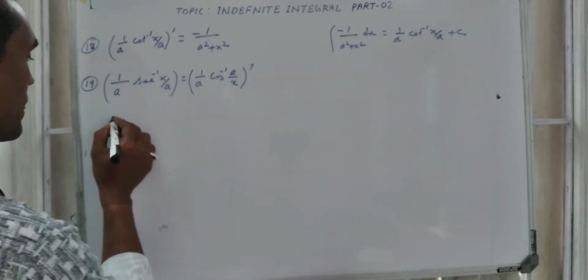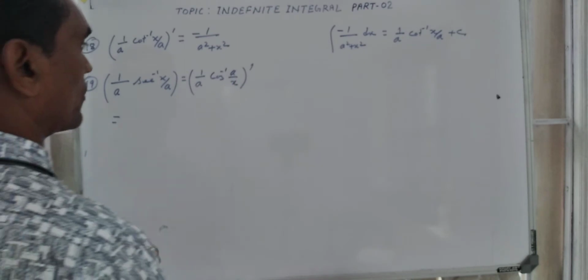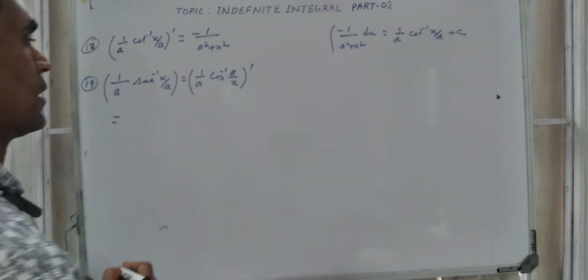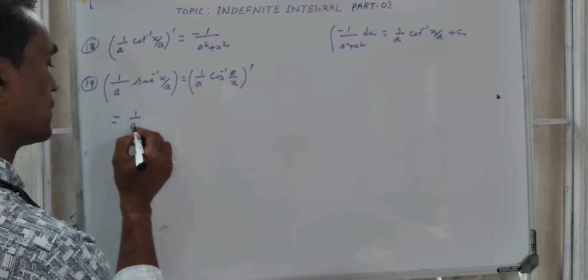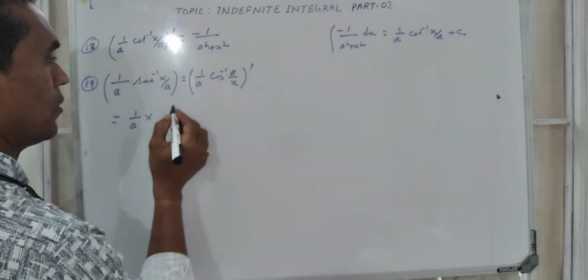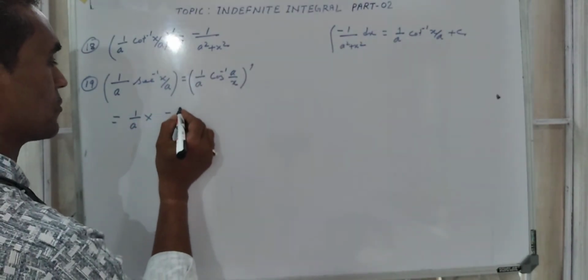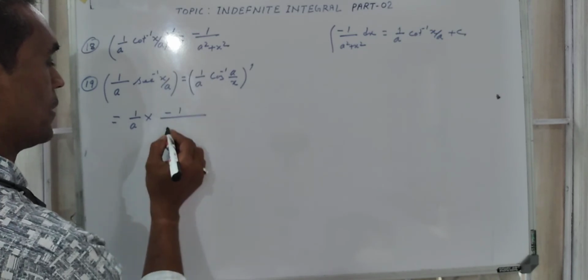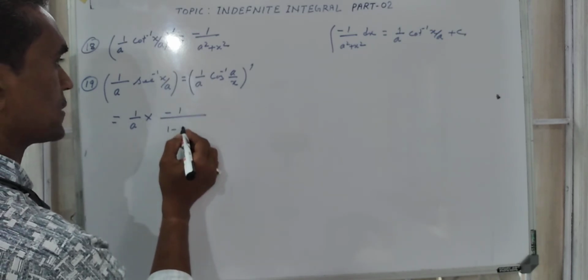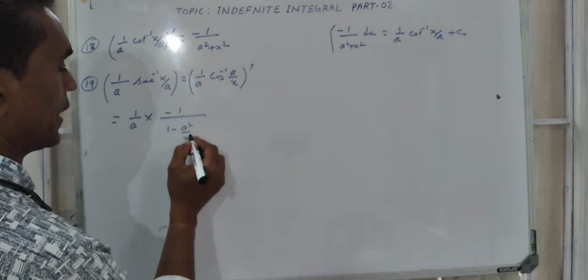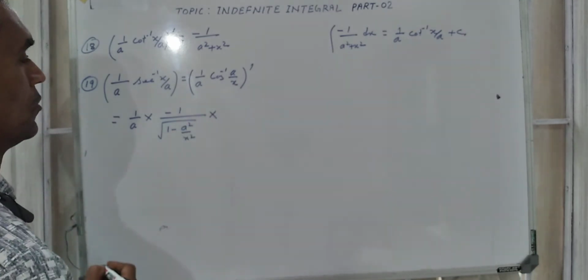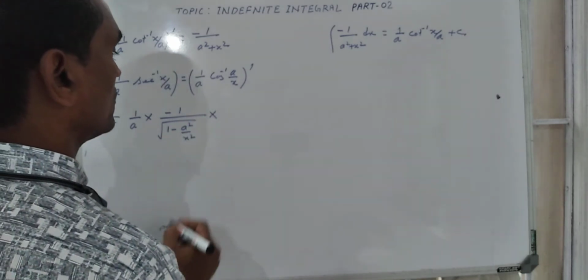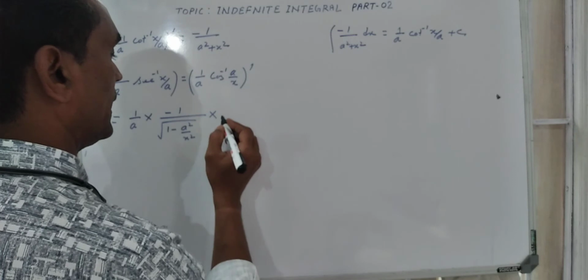Derivative of this. Now we know the formula for cos inverse of a by x. So 1 by a into minus sign, minus 1 by the square root of 1 minus a square by x square, into the derivative of a by x.